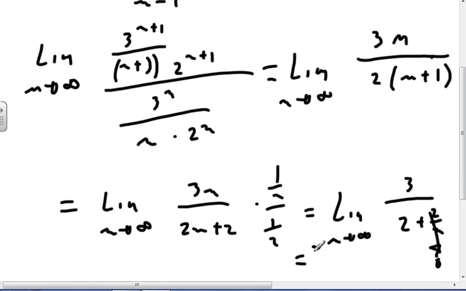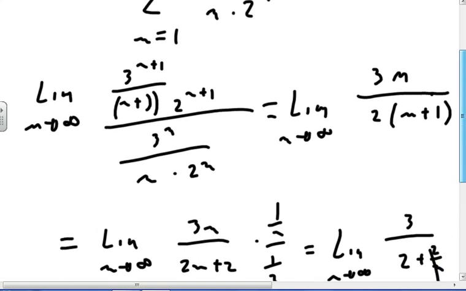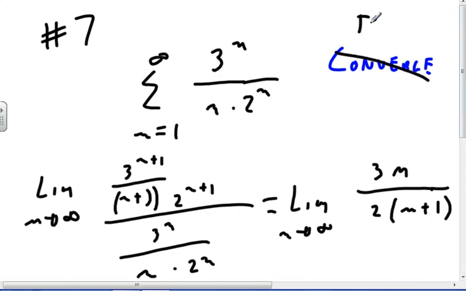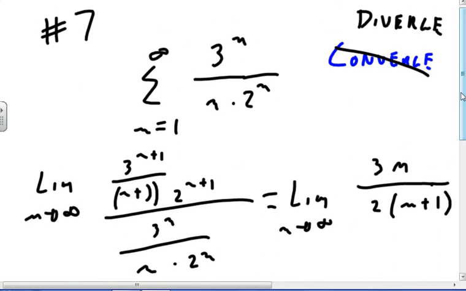This is going to be 3 over 2. So you were correct. This does diverge. Wow.